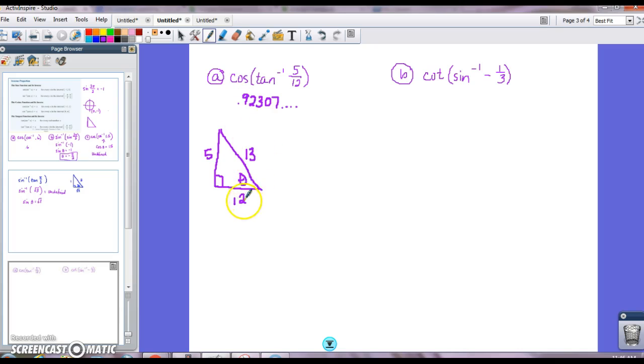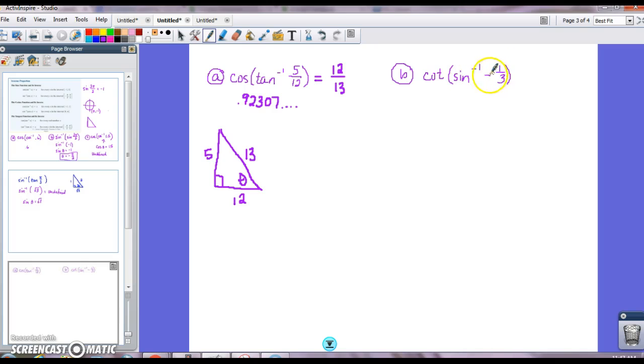Well, the cosine is just adjacent over hypotenuse, so my answer here then would be 12 over 13. So if it asks just for a decimal approximation or round to the nearest tenth or whatever, you can just do it in your calculator. But if it asks you for the exact value, you need to do out the steps there.